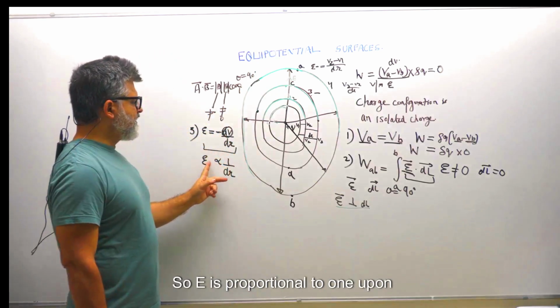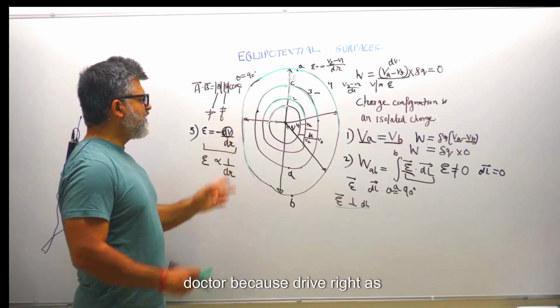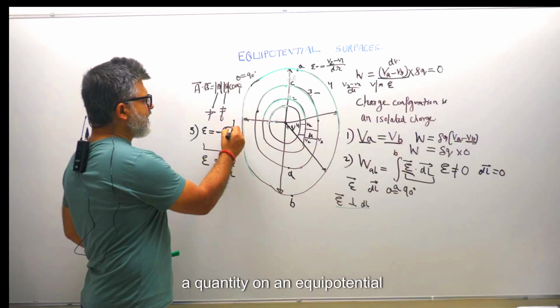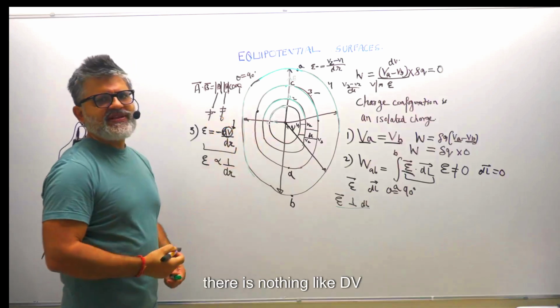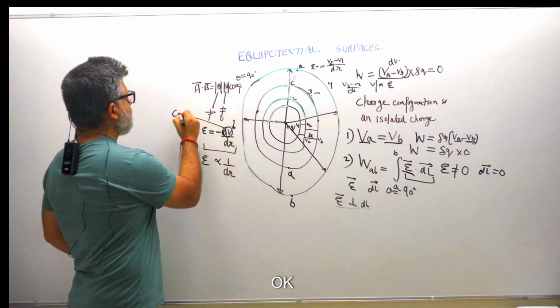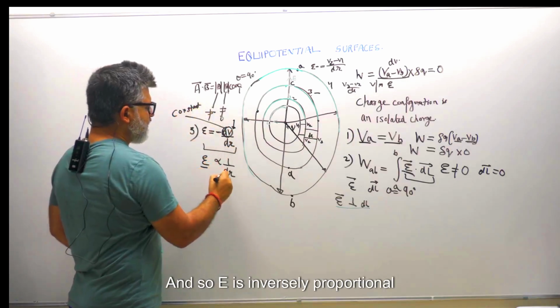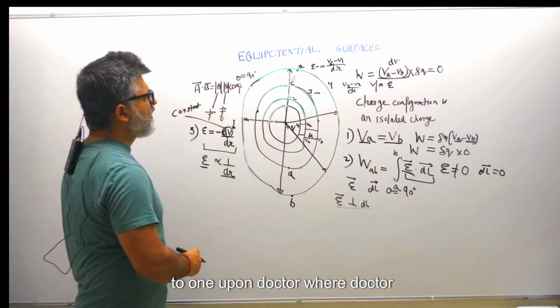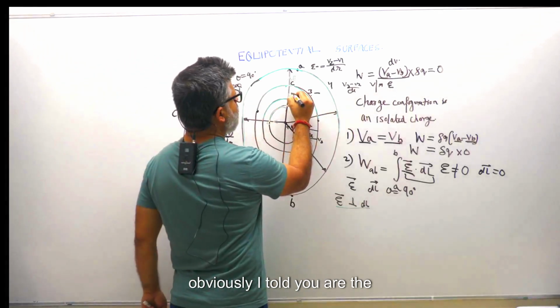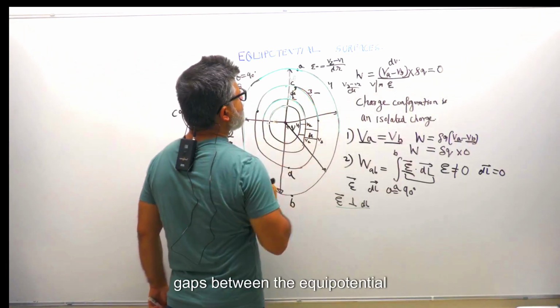So E is proportional to 1 upon dr, because dV, as a quantity on an equipotential surface, there is nothing like dV, right? So that becomes a constant. It is a constant always, and so E is inversely proportional to dr, where dr, obviously I told you, are the gaps between the equipotential surfaces.